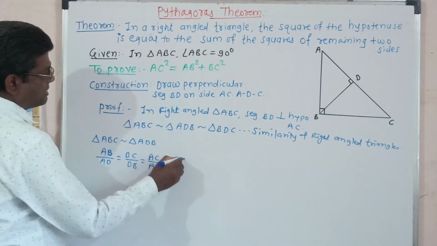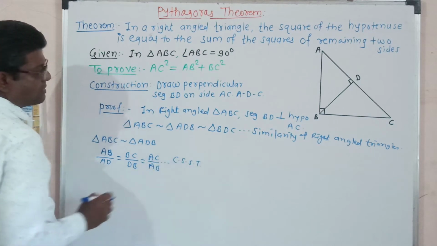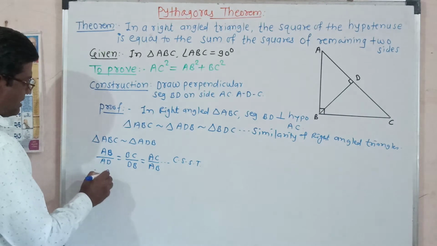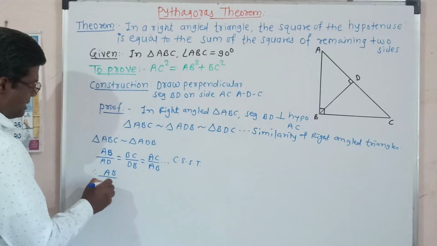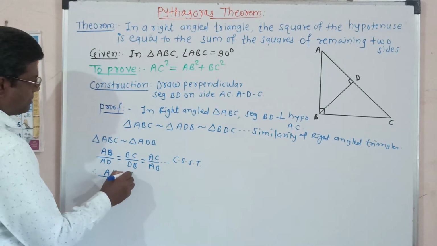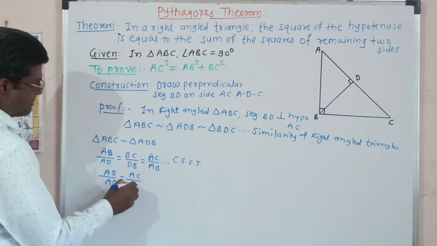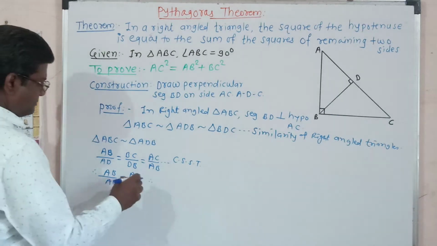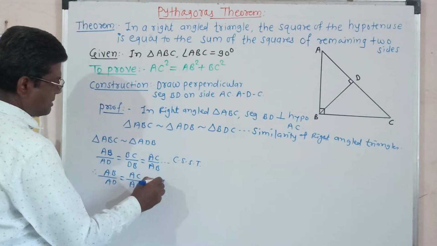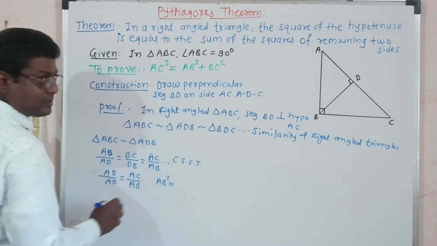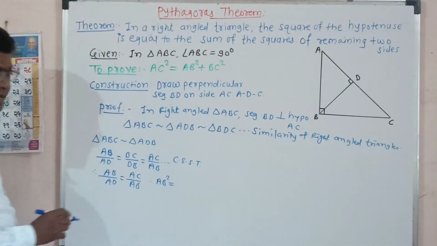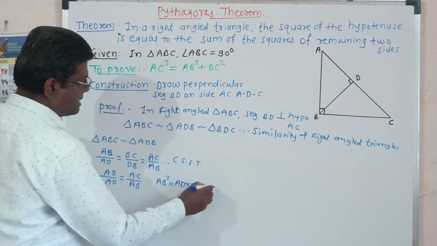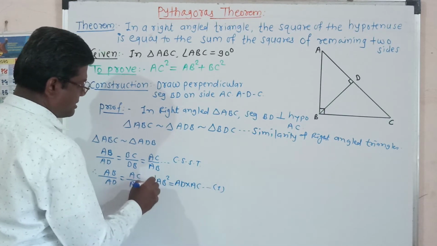Reason is corresponding sides of similar triangles. We take the ratio AB upon AD is equal to AC upon AB. Now by cross multiplication, AB into AB, AB square is equal to AD into AC. Let this be equation number 1.